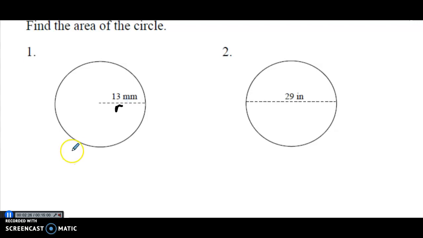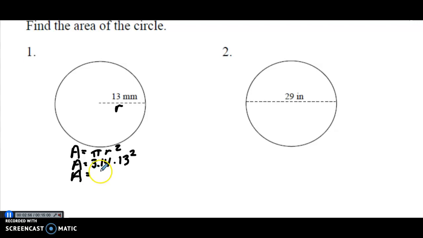The formula is A equals pi times the radius squared. Now we're going to substitute our numbers. A equals pi, which is approximately 3.14, times the radius, which is 13, and we're going to square it. So we type into our calculator 3.14 times 13, hit that square key that I showed you a second ago, and hit equals.